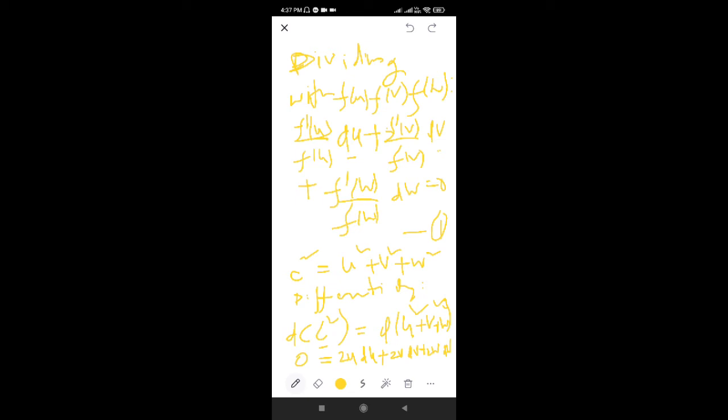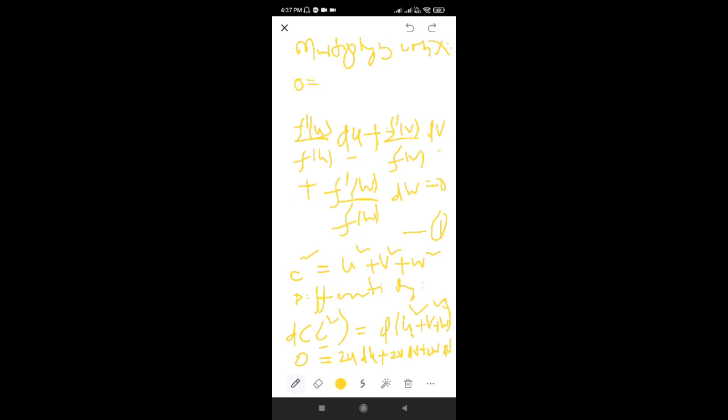I am removing this 2. Why? Because on this side you are having 0. Now you remove this 2 because on this side you are having 0. You are just multiplying the entire equation with lambda, which gives 0 times lambda is 0.